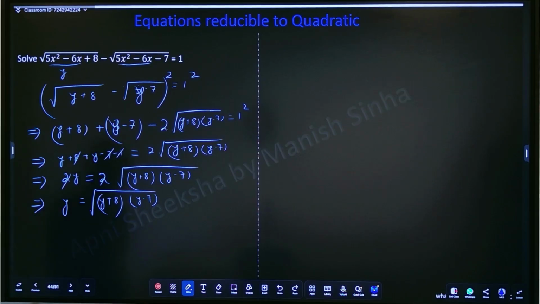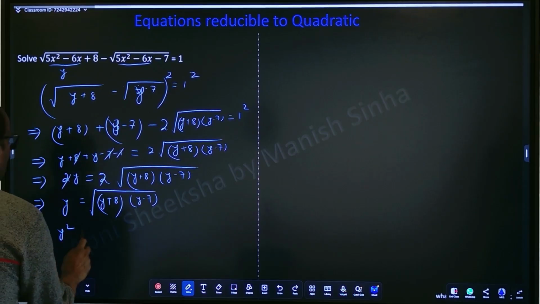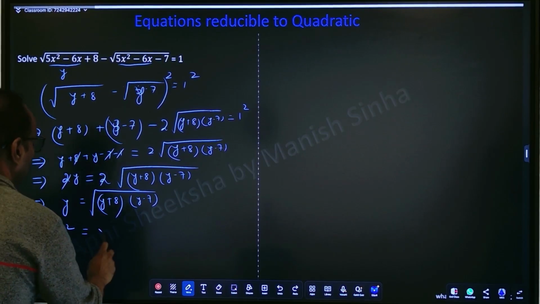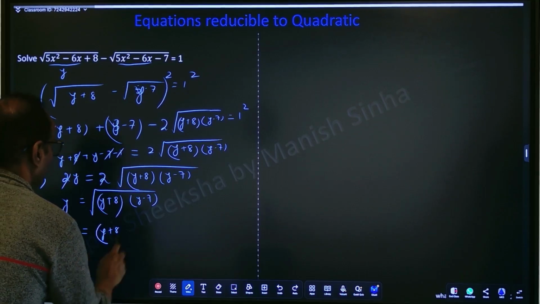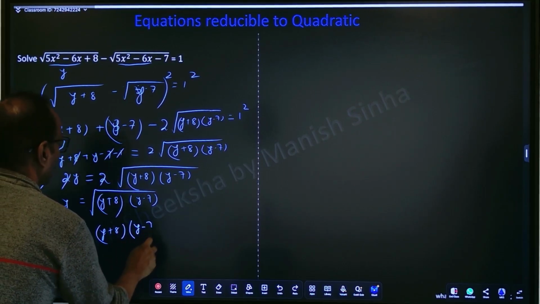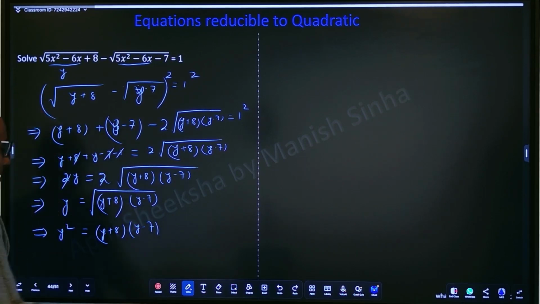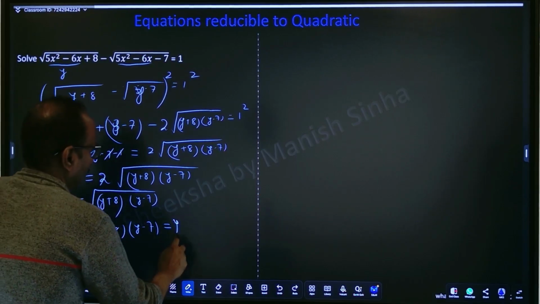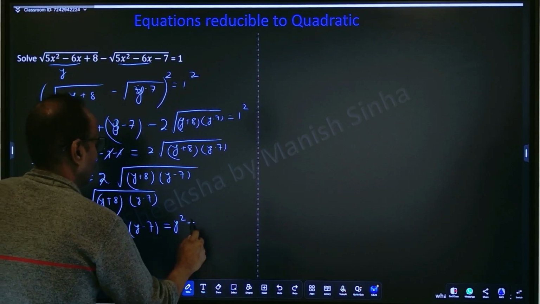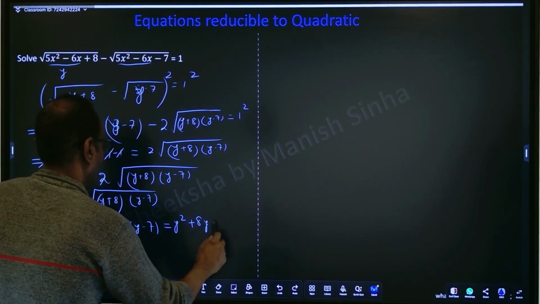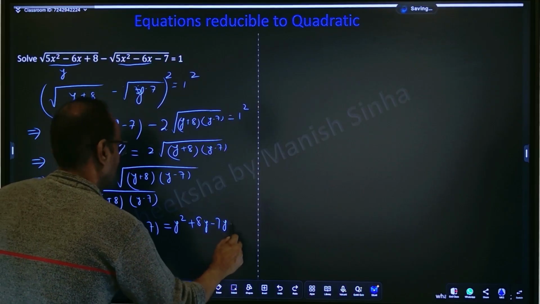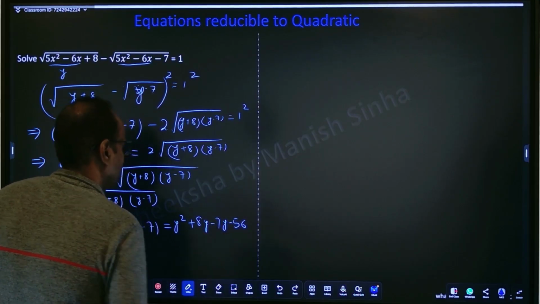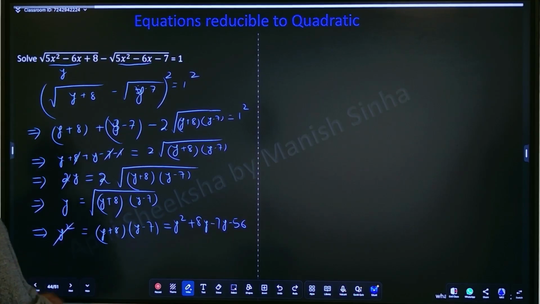Now you square again both sides. Expand this. y square plus 8y minus 7y minus 56. y square cancels out.